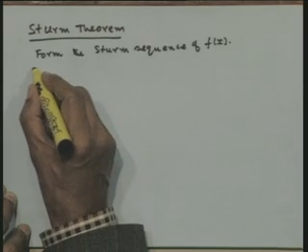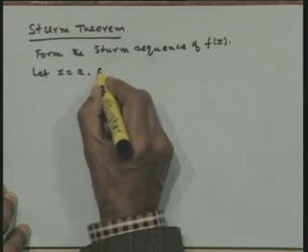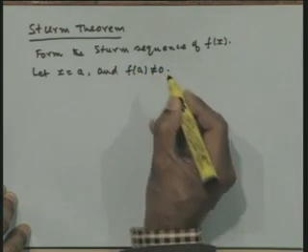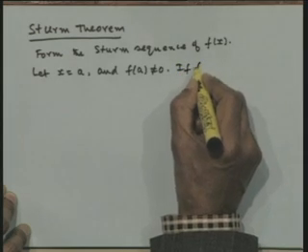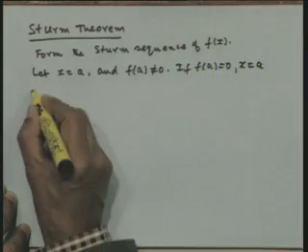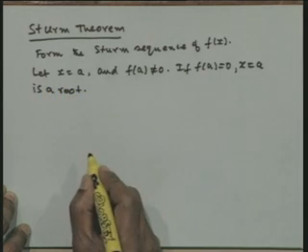Then let us take any number, so let x be equal to a, and of course f of a is not equal to 0. If f of a is equal to 0, x equal to a is a root, so we need not consider this particular case.